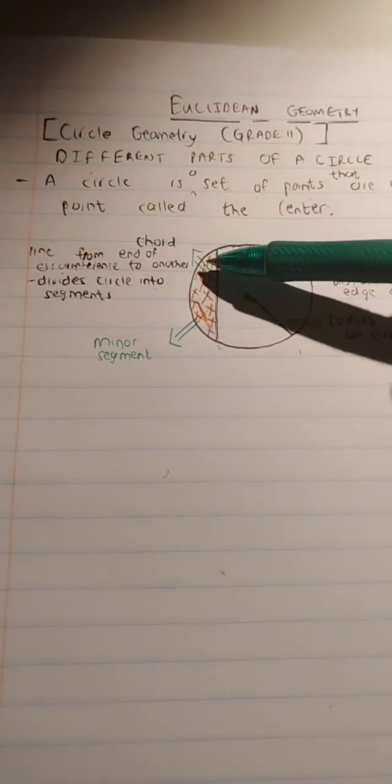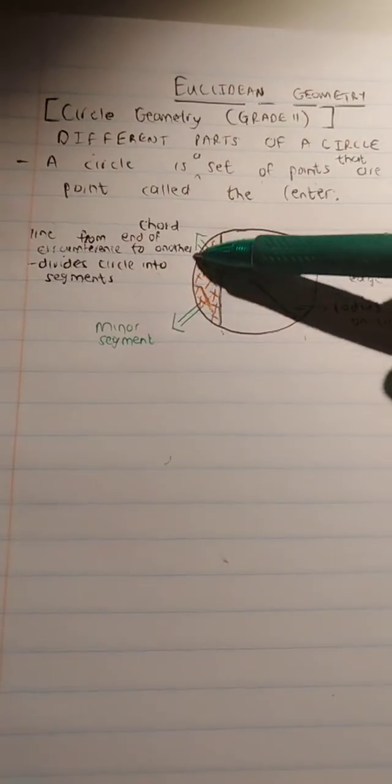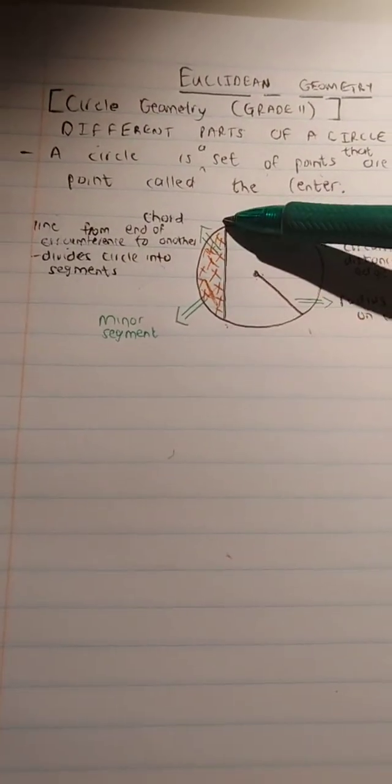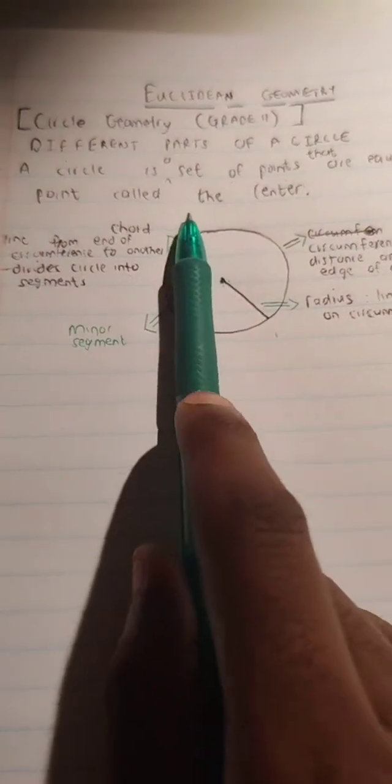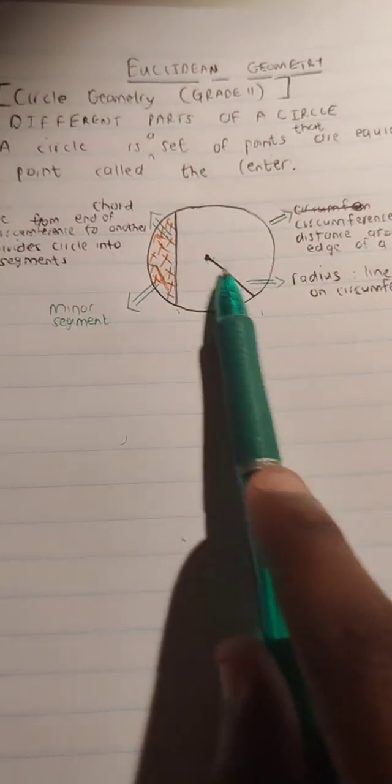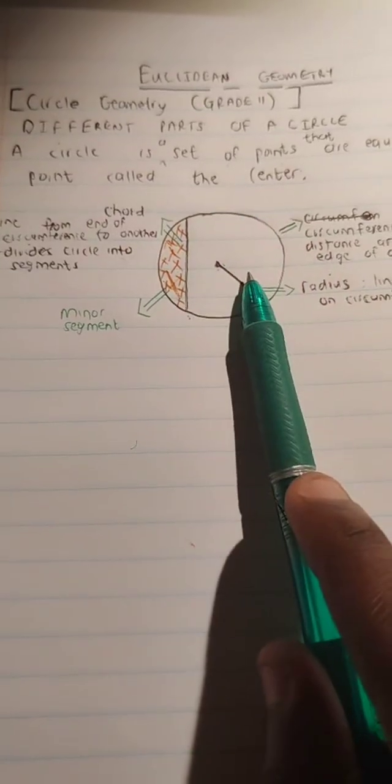Why do we call this a minor segment? It's a very small segment of the circle. Then this other side, the bigger area, we would call a major segment.